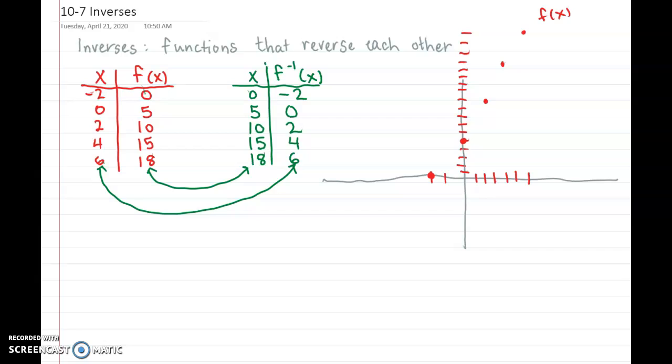And then if I graph the inverse, I have 0, -2, so that would be down here. And I have 5, 0, so that would be over here. And then I have 10, 2. And I have 15, 4.